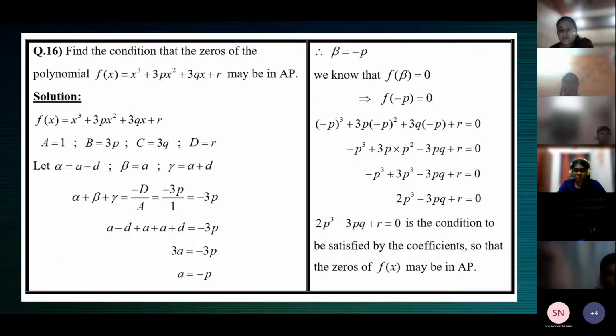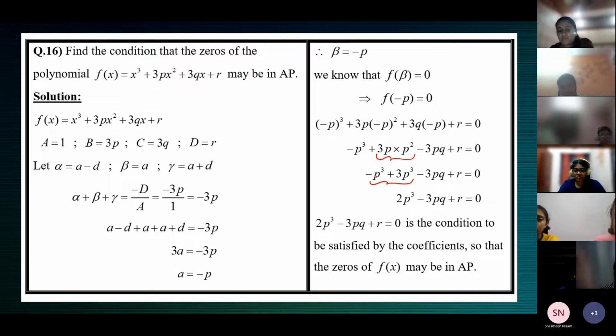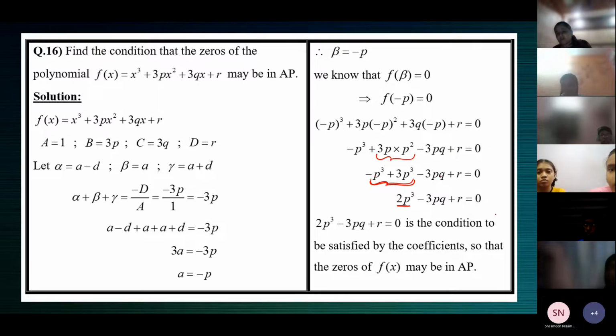Minus p cubed, when you multiply this, you get plus 3p cubed, minus 3p cubed, plus r is equal to 0. Simplify the like terms: 3p cubed minus p cubed is 2p cubed. So 2p cubed minus 3p cubed plus r is equal to 0 is the required condition that is to be satisfied by the coefficients so that the zeros may be in AP.